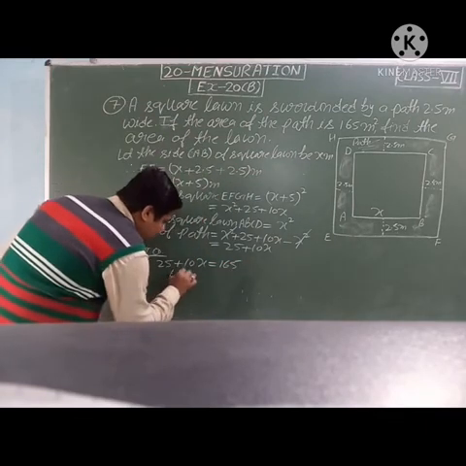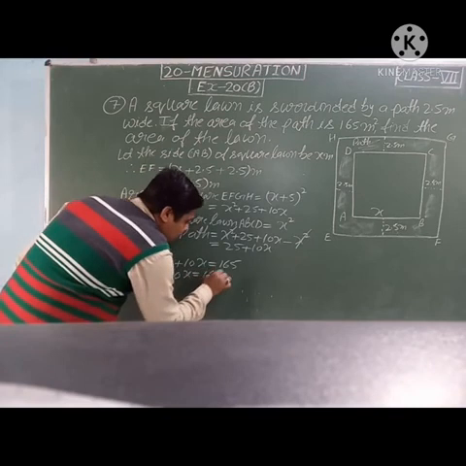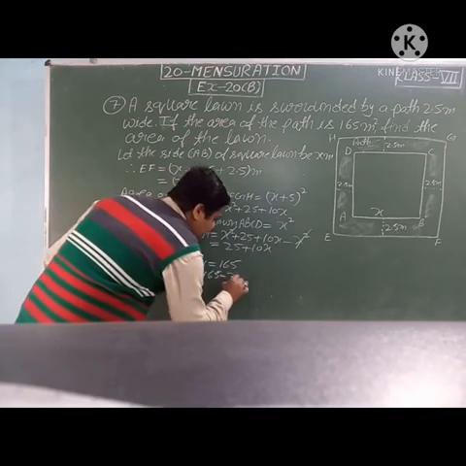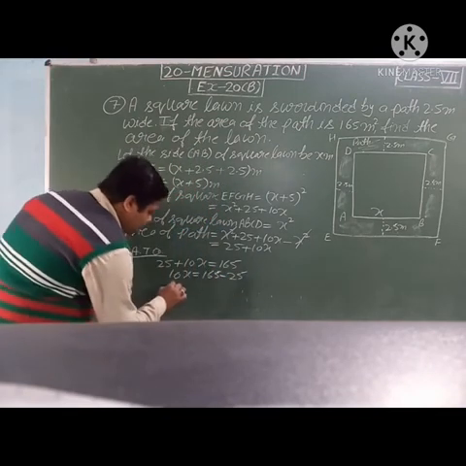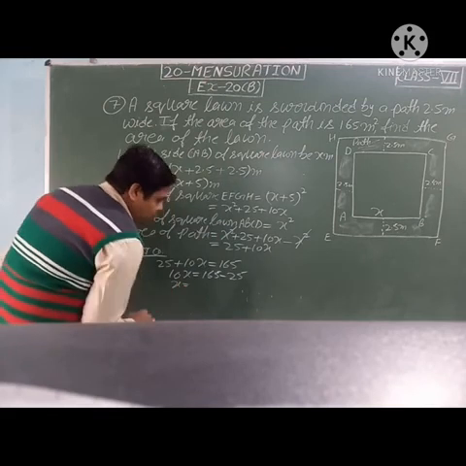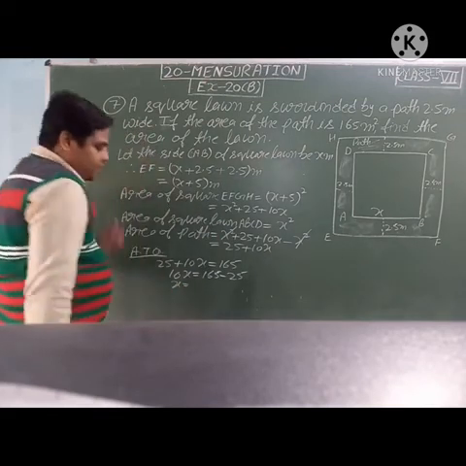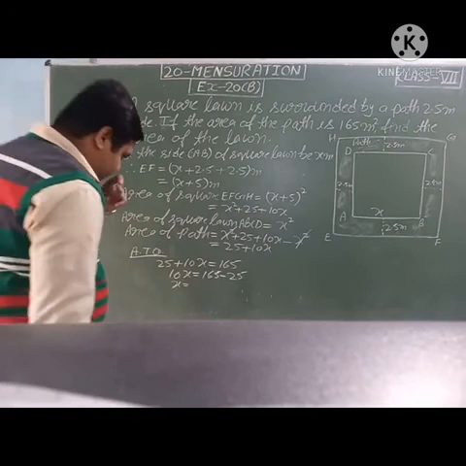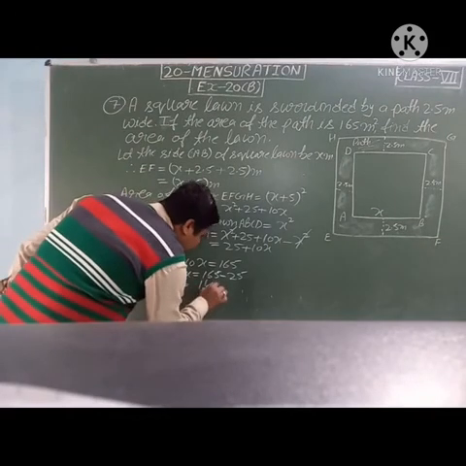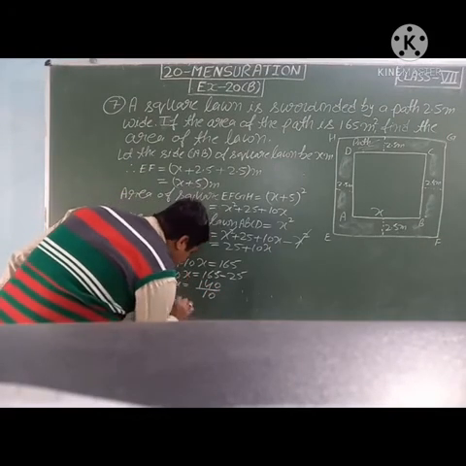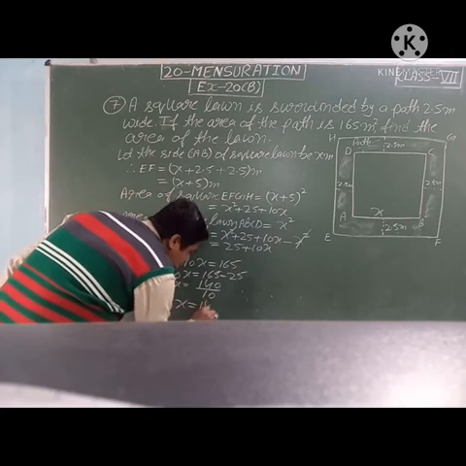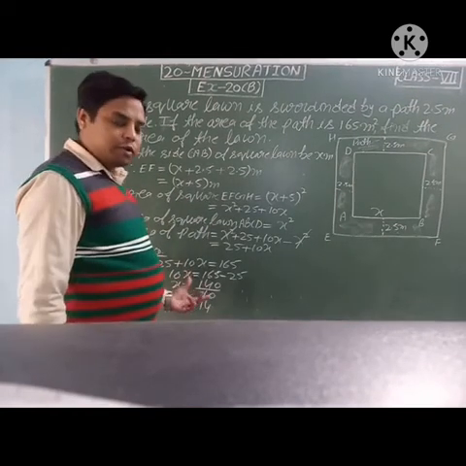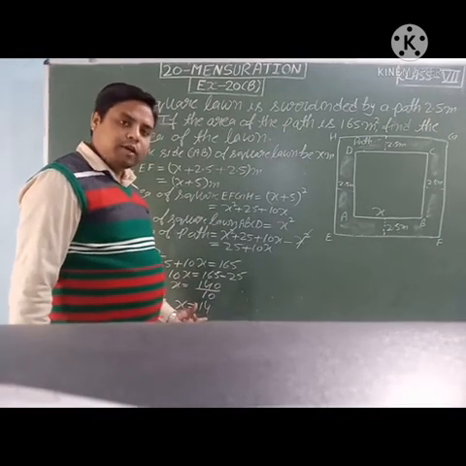So 10x is equal to 165 minus 25, that will come 140. So x is equal to 140 upon 10, so x is equal to 14. So students, value of x is coming 14.